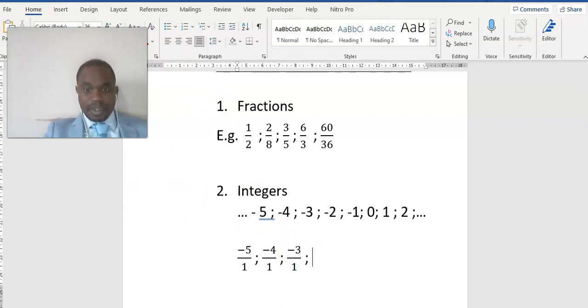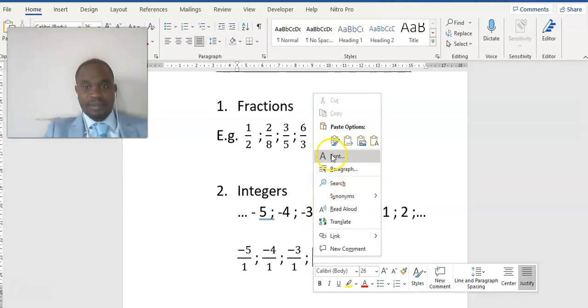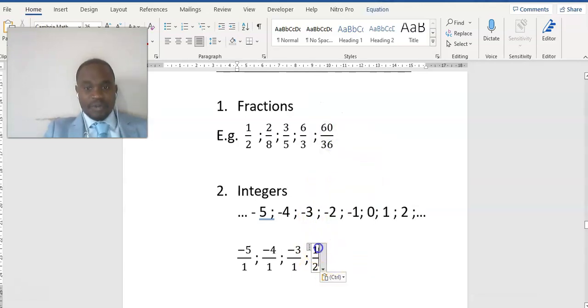Then -2, I'm not going to write all of them, alright? So I have -2/1. So you in the house, you do another way of writing -1, 0, 1, and 2. You do it yourself, alright?